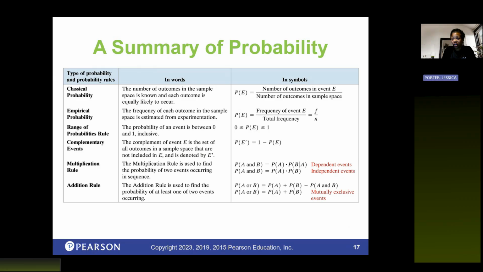Recap, a summary of the probability that we looked at so far. If you want to take a screenshot or take a quick picture, you can. This is probably going to be in your PowerPoint as well, though.